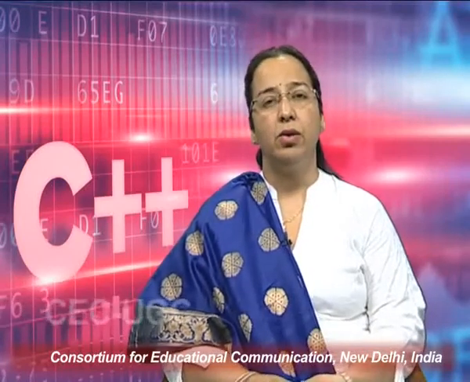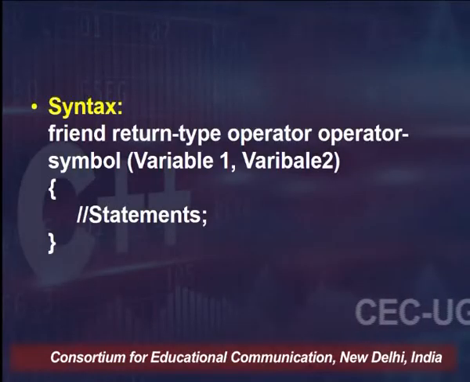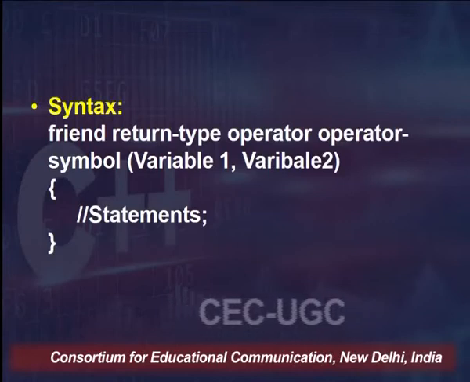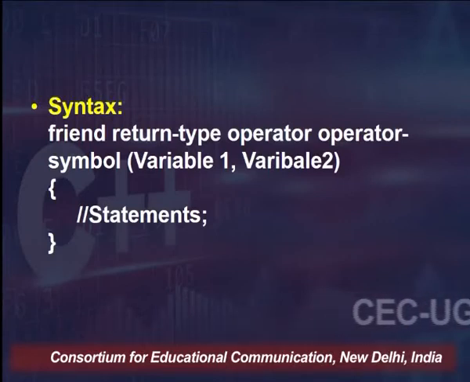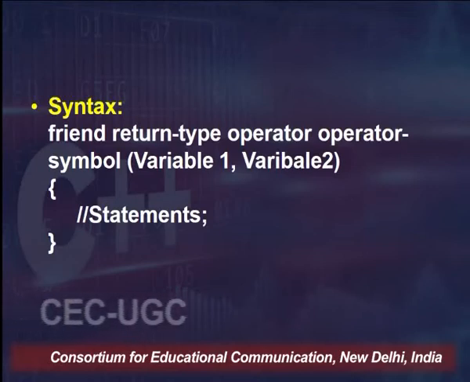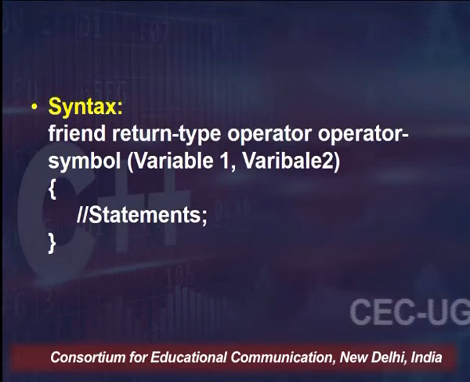Now let us look at the syntax of the friend function used for operator overloading. As it is a friend function, it has to be preceded by the keyword friend, then the return type, whatever return type you have, such as an object of the class. Then the keyword operator, then the symbol of the operator which is going to be overloaded.